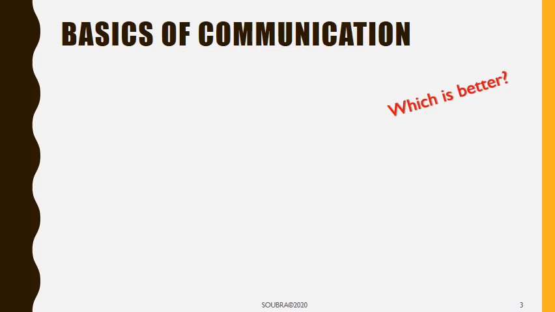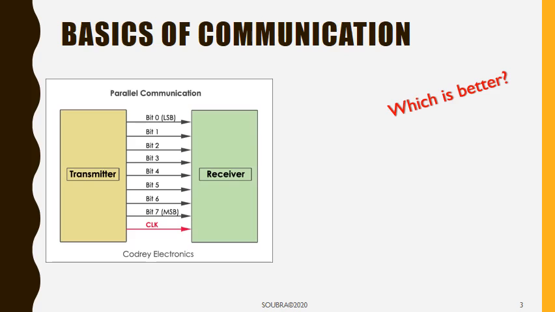Alright, so when it comes to digital systems, we've mentioned it in the DSD course that you've taken with me 2 years ago. And we know that there are two different ways when it comes to communication between two different entities, digital entities. The first one might be thought of as the faster one, which is the parallel communication.